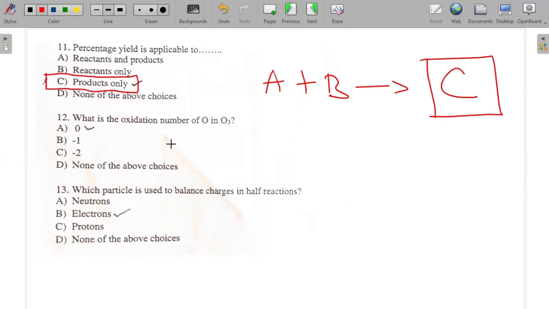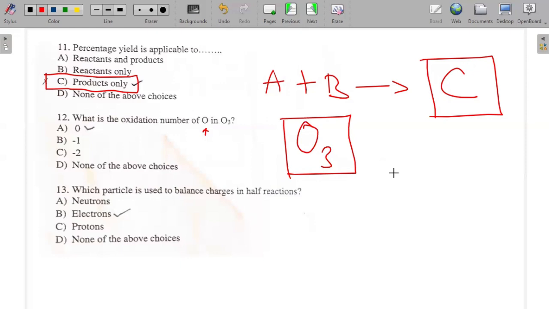And then question 12, what is the oxidation number of oxygen in O3? On the rules, when we had class, I said the oxidation number of a pure element, if it's not combined to anything apart from itself, is always 0.